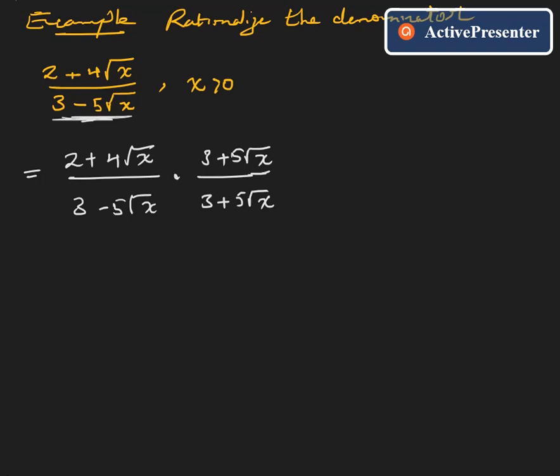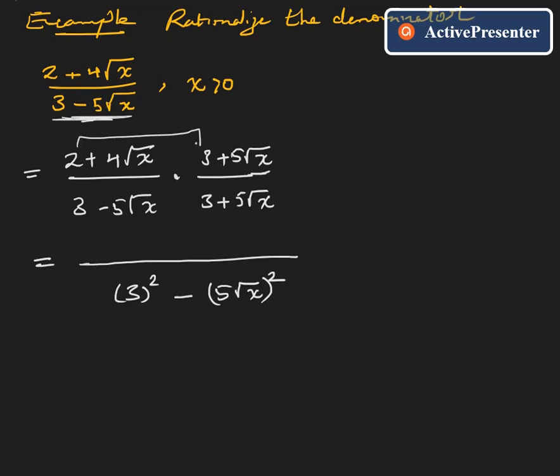Then we proceed. Let's start with the denominator. This is equal to 3 squared minus 5 square root of x all squared. In the above we will use the distributive property. We first multiply 2 by 3 and by 5 square root of x, then we multiply 4 square root of x by 3 and by 5 square root of x.